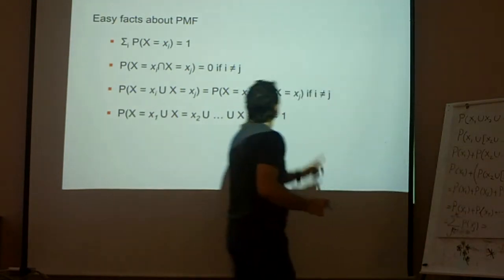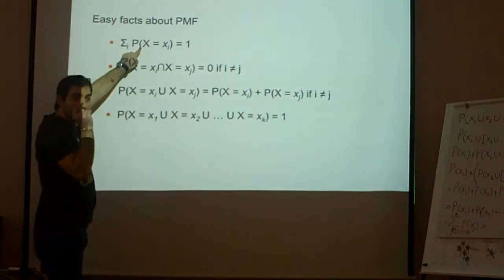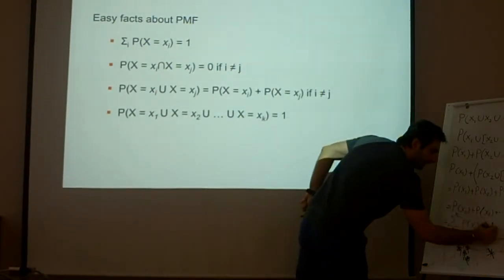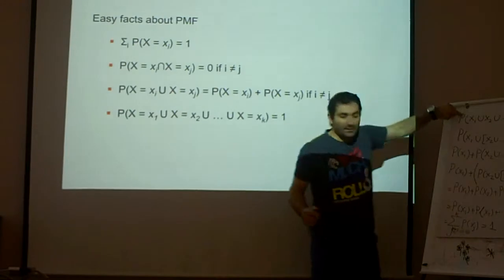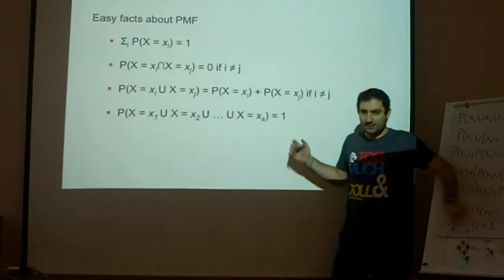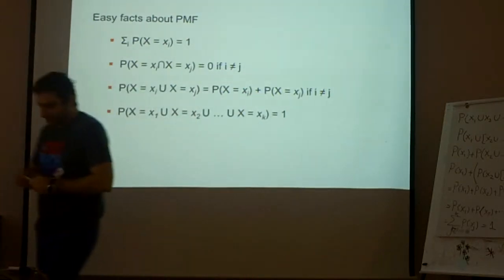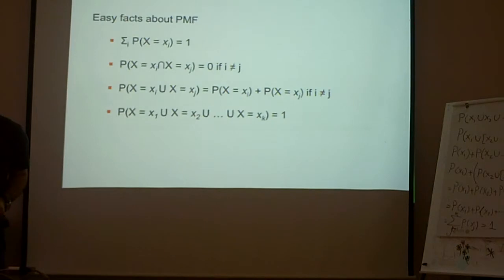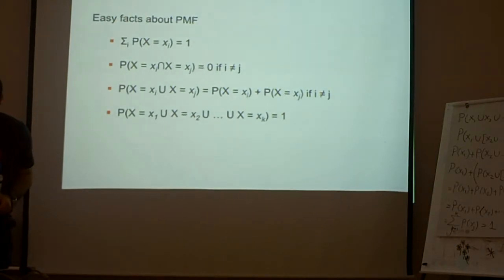What is this? 1. So, probability of union of all the terms is equal to 1. And this is a proof. Any question? Okay.